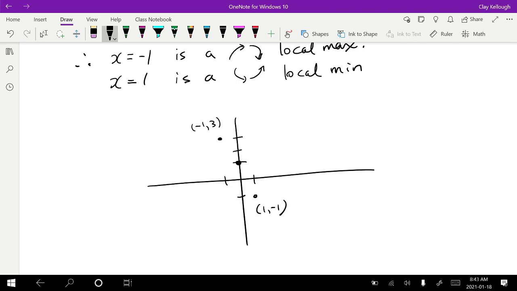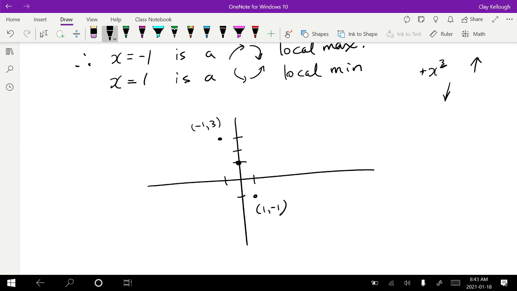I also know that any x cubed that has a positive coefficient in front of it goes down forever on the left and up forever on the right. Right? All odd exponent degrees have one arm going one way, one arm going the other way. And from left to right, it goes from negative to positive because this is a positive. And again, you learned that in grade 12.